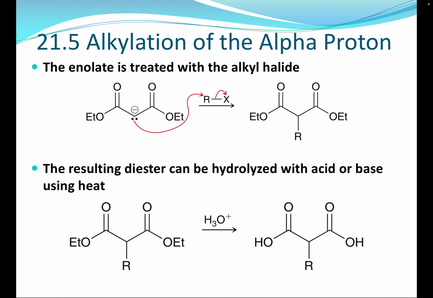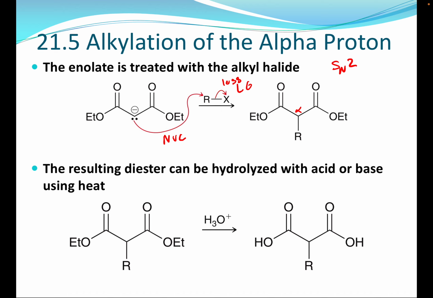This is going to be, again, that nucleophilic attack followed by loss of leaving group. So that SN2 pattern for mechanism, and we'll put one alkyl group in that alpha position, in that doubly stabilized alpha position.